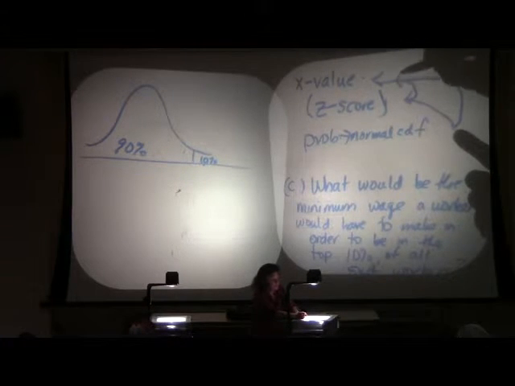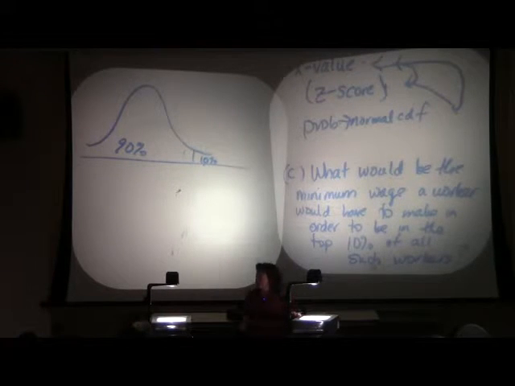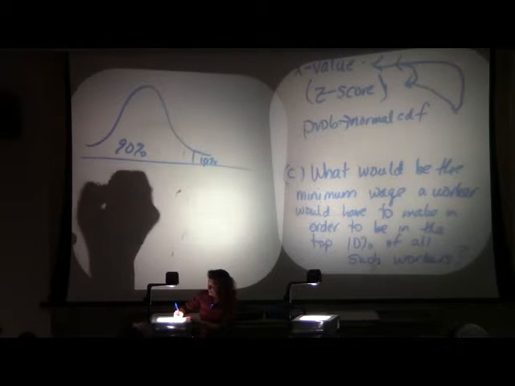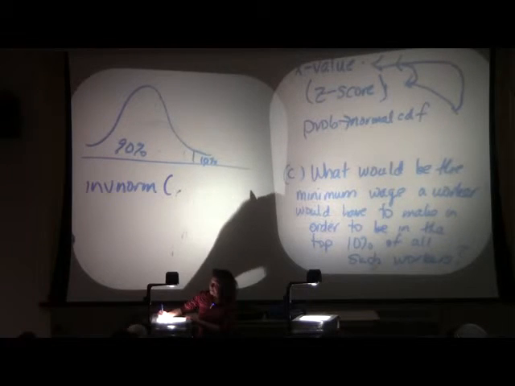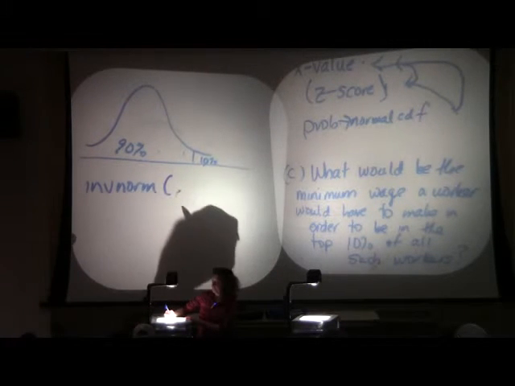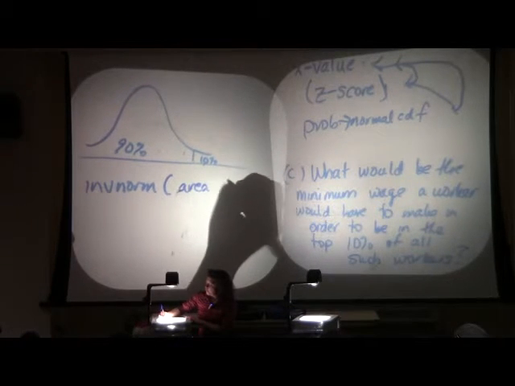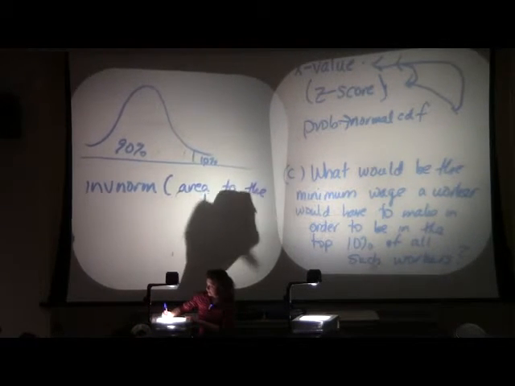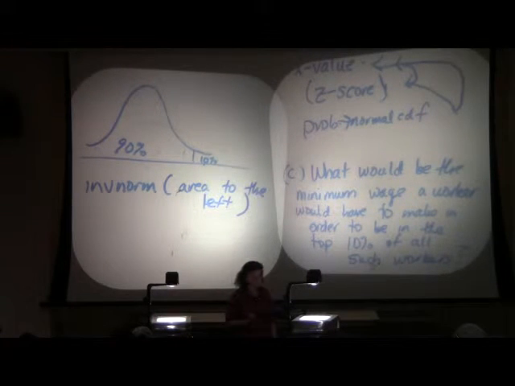People like me, we're going to have to do it like that. Okay? So, how do you do this? Well, if you hit second bars, right beneath your normal CDF is inverse norm. No matter what, you have to put in the area to the left. Okay?